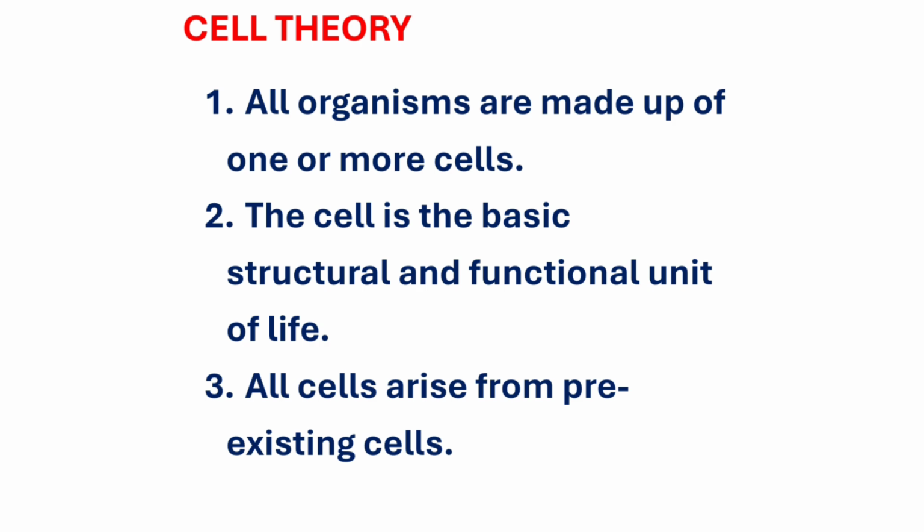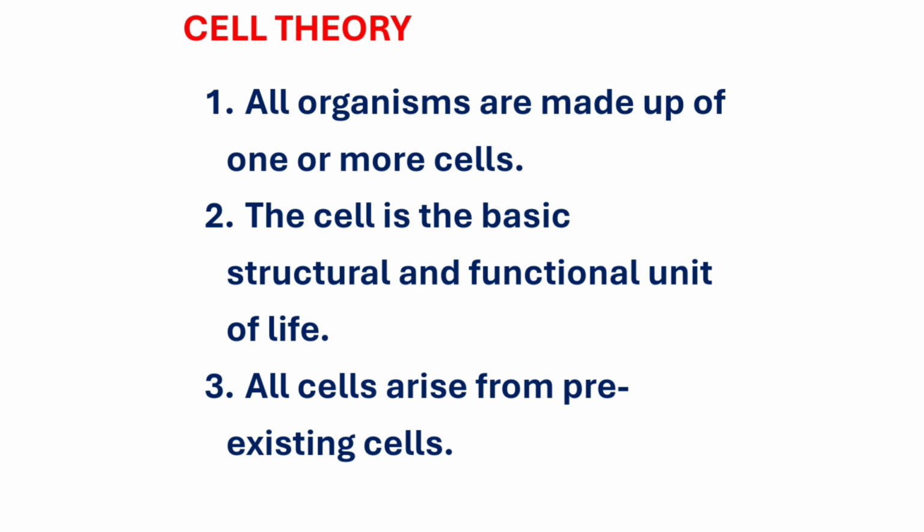A cell is a tiny factory where all the essential processes that keep an organism alive take place. That is why we include the basic structural and functional unit of an organism under cell theory.